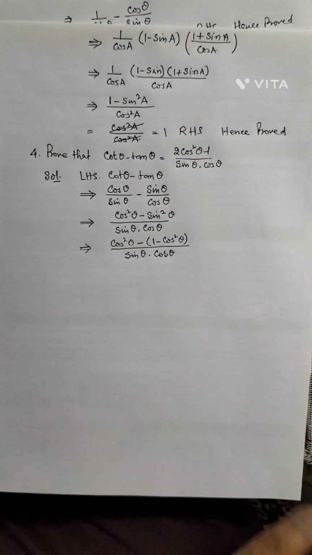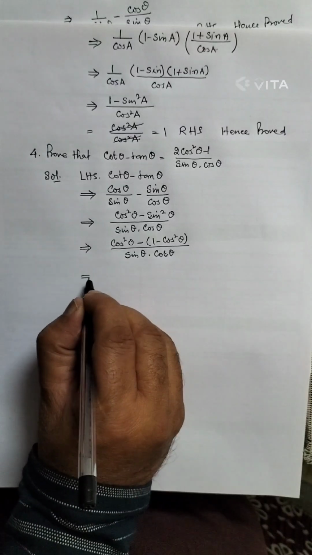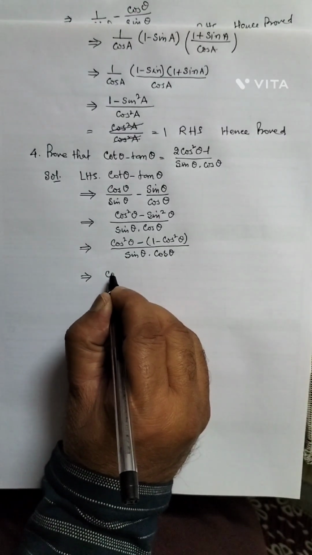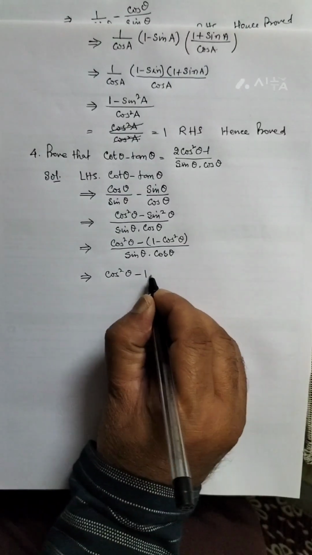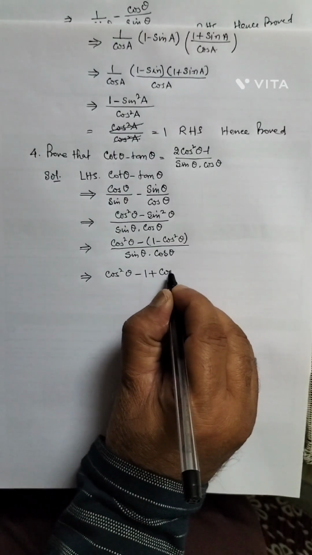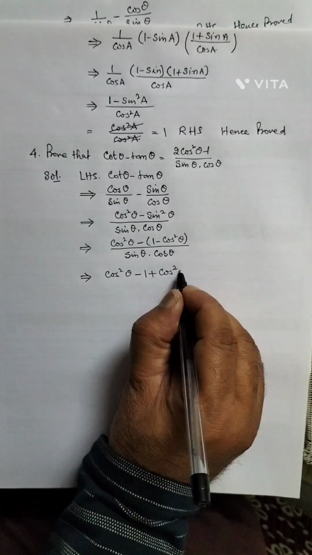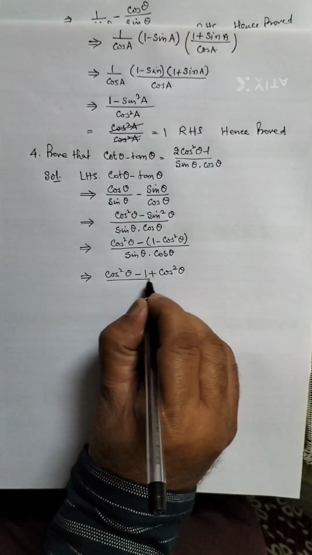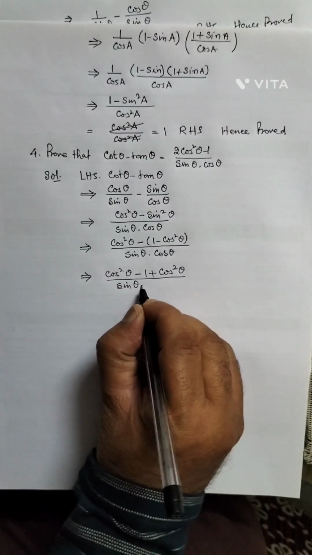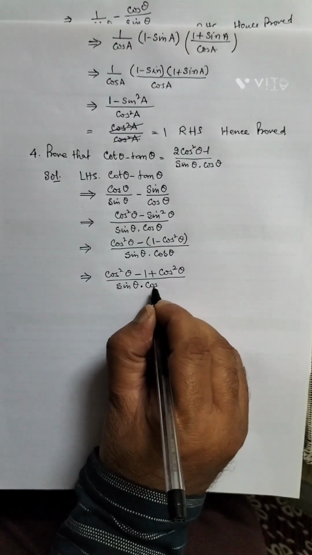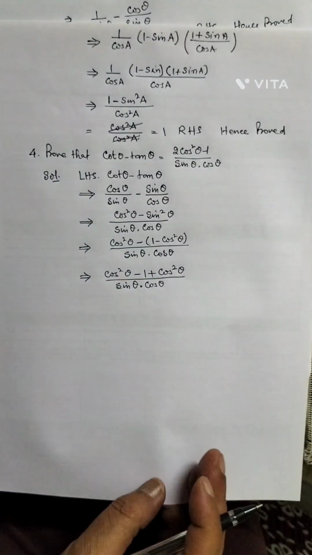Now, in next step, this becomes cos square theta minus 1 plus cos square theta upon sin theta multiplied by cos theta.